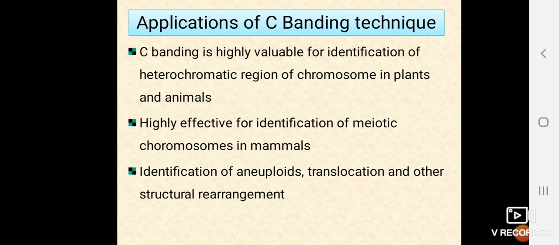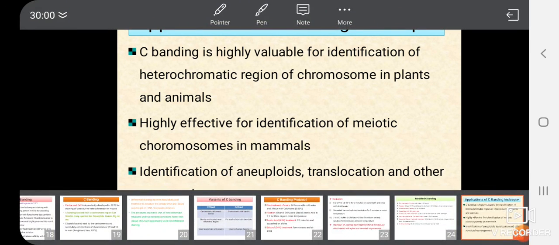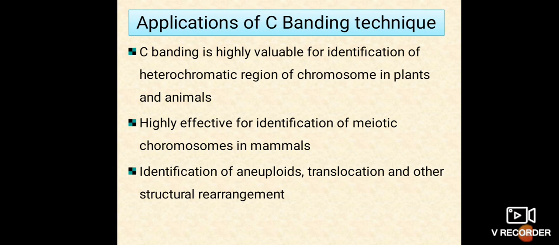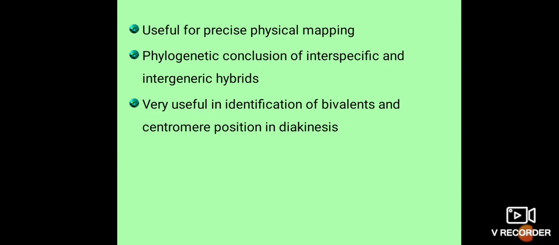What are the applications? C banding is highly valuable for identification of heterochromatic regions of chromosomes in plants as well as animals. It is useful for identifying mitotic chromosomes in mammals, and for identification of aneuploids, translocations and other structural rearrangements.